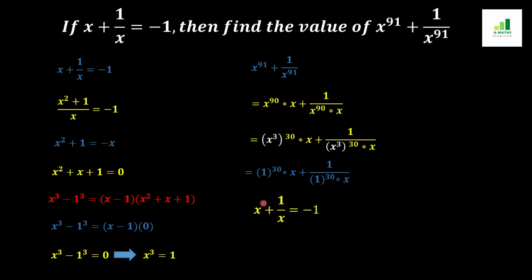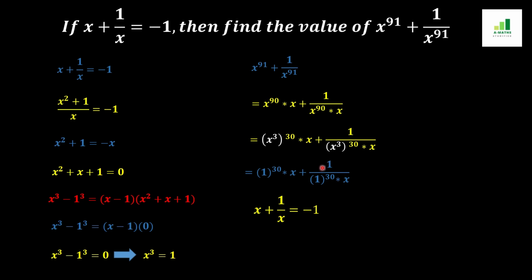Now in the next step, we will get x plus 1 over x, which is equal to minus 1. The 1 to power 30 will be equal to 1, and when this 1 multiplies with x, we get the value of x, and we apply the same thing in the other term.